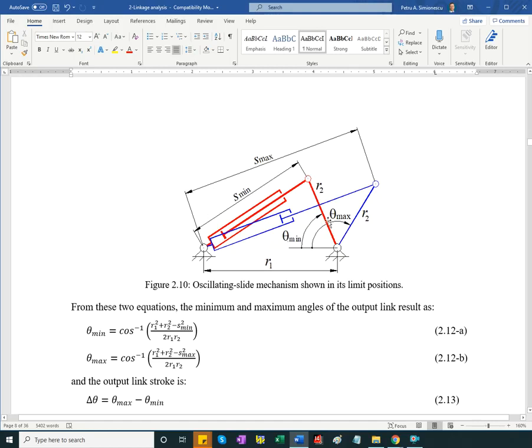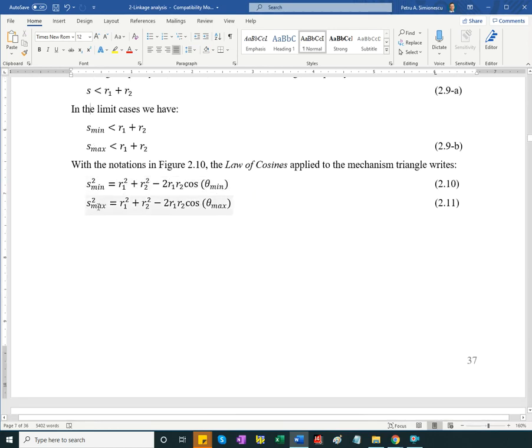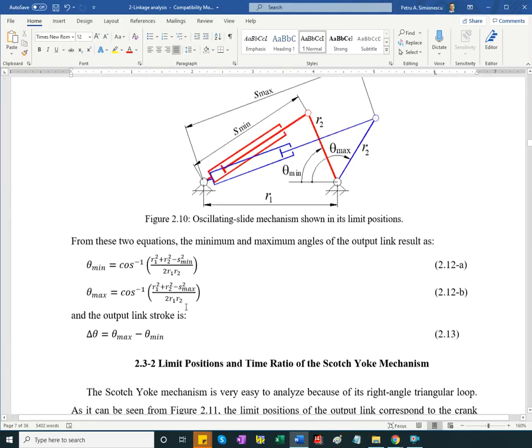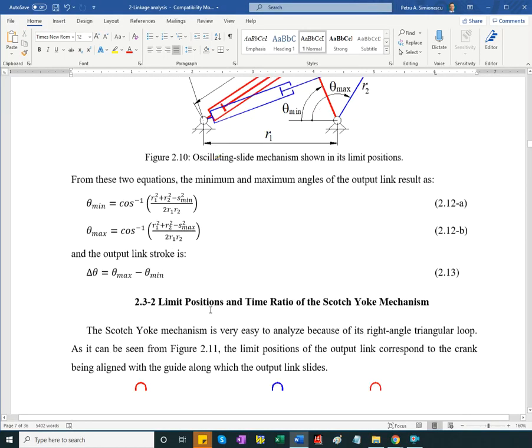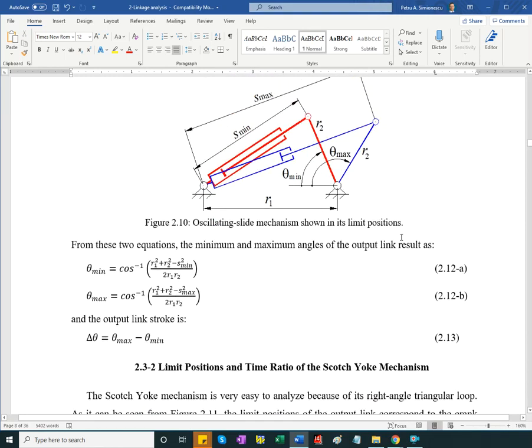And I can repeat it for theta max, with S max. I'm sorry, I was encircling the wrong notations on this figure. Okay, so the law of cosines written for the limit positions, minimum stretch and maximum stretch of the hydraulic cylinder. I can solve for the respective angles, and I can then calculate the output link stroke, the one that could be of concern. For example, I want to actuate with a hydraulic cylinder a gate that opens 90 degrees.